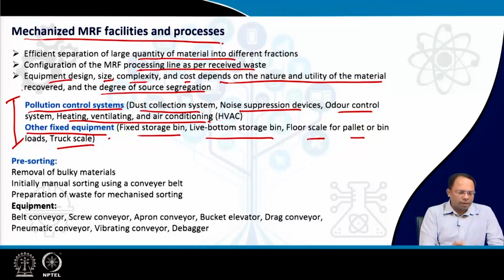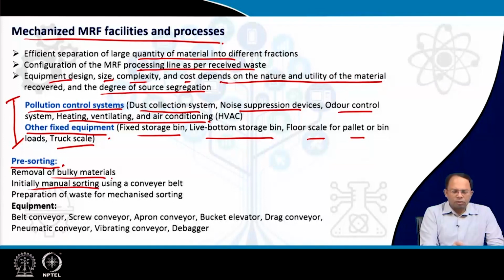Now, if you go for a mechanized facility, a larger facility, of course, the first step you will find is pre-sorting. Now, in pre-sorting, we remove the bulky materials, like suppose you get some large cushion or you get a large mattress. So all these things are bulky material, or even larger plastic parts and all these things could be recovered.